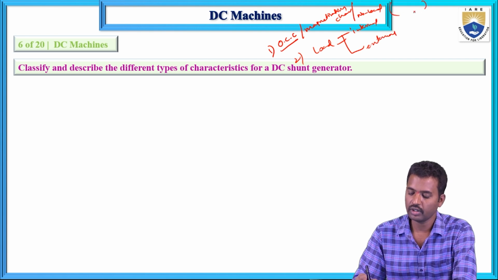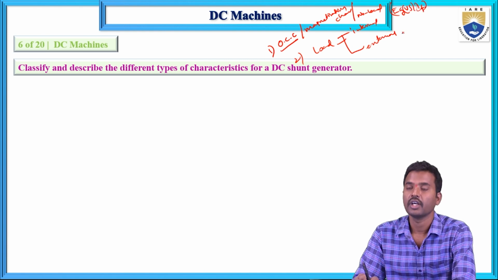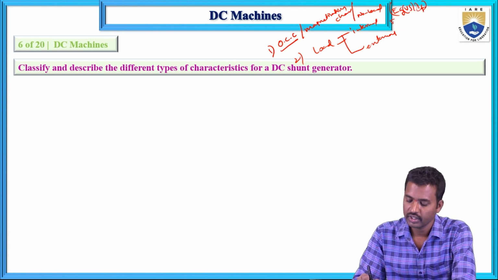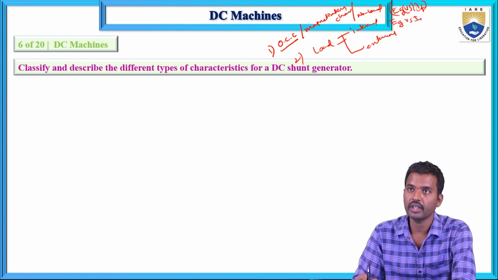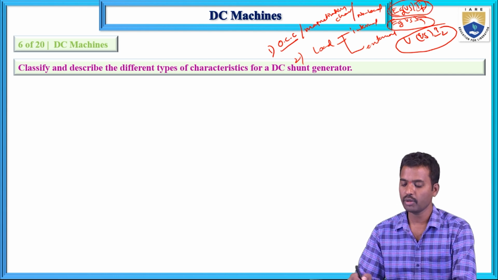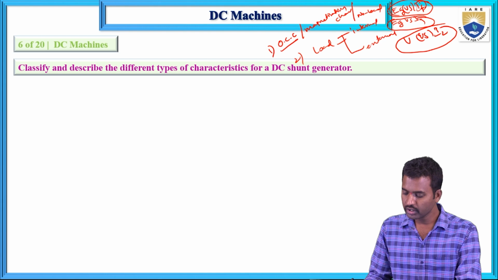These are induced EMF versus field current; internal means EG versus IA, and external means V versus IL, load voltage versus load current.